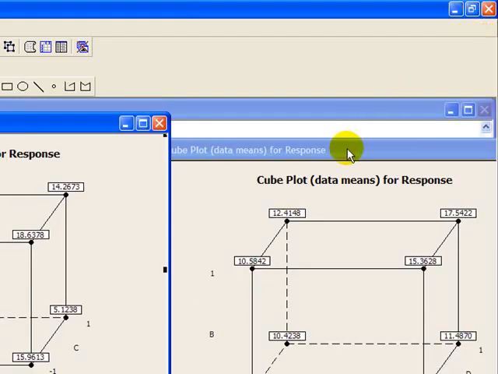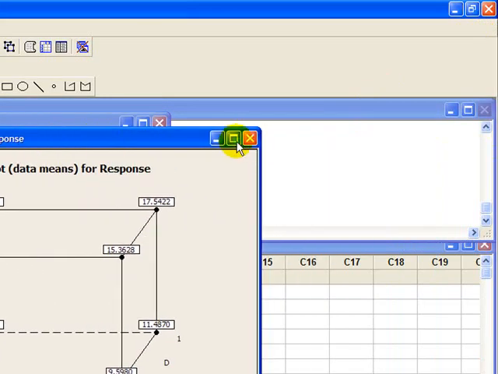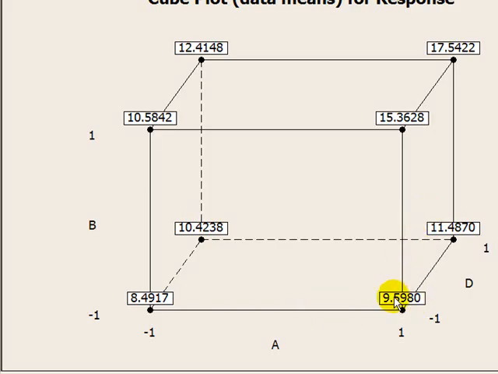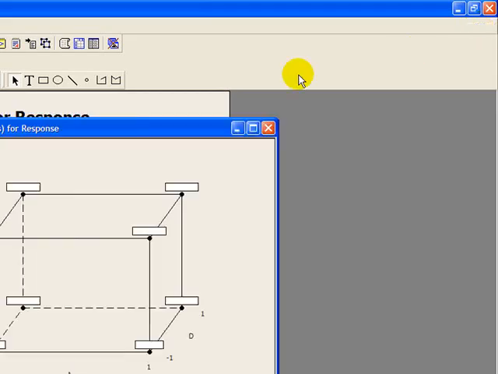Now if we look at the second plot, we already know the optimal levels of A, B, and C. For D, I am again going to look at all these values and find the lowest value, which is 8.4917, right? But that is not good, because we said that we are going to use the high value of factor A based on the other cube.